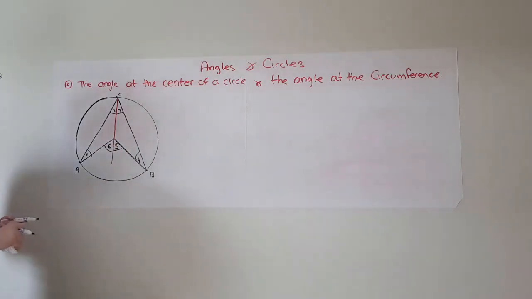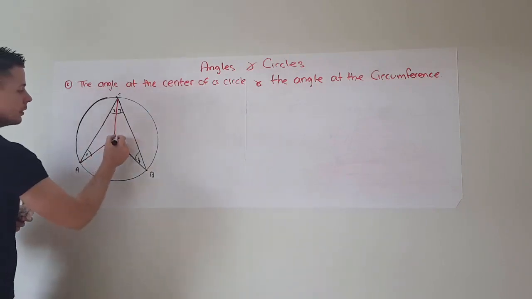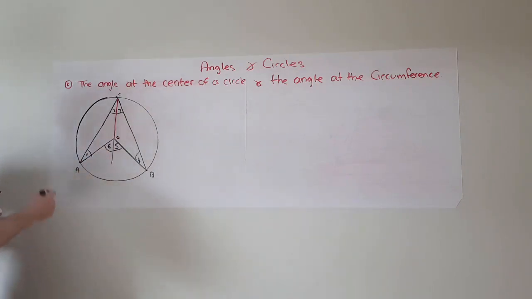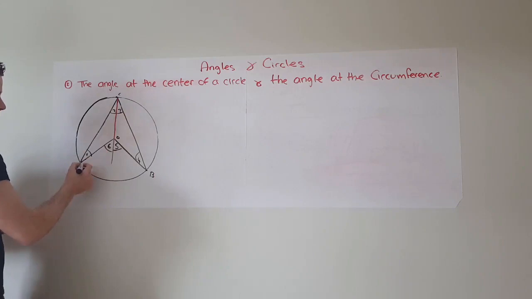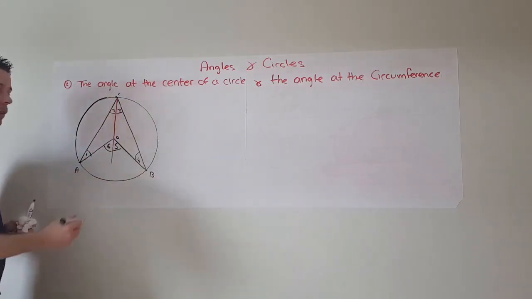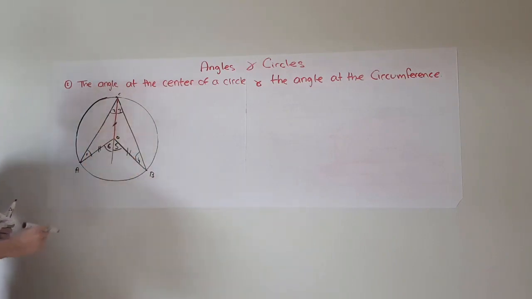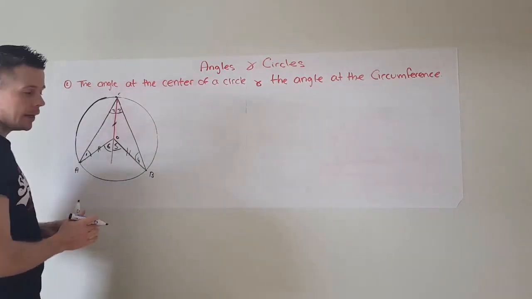Remember, this is O here, the center of your circle. So the length from O to A is equal to the length from O to C, which is equal to the length from O to B. So we have equal sides, and I'll mark them in as being equal. We have a triangle here and a triangle here, so we have isosceles triangles.